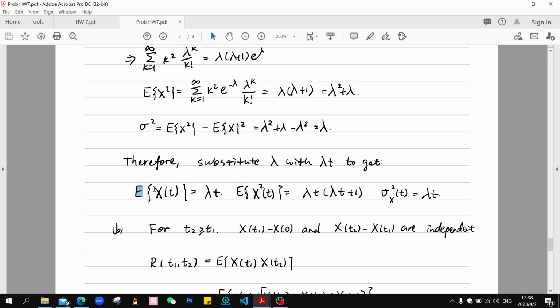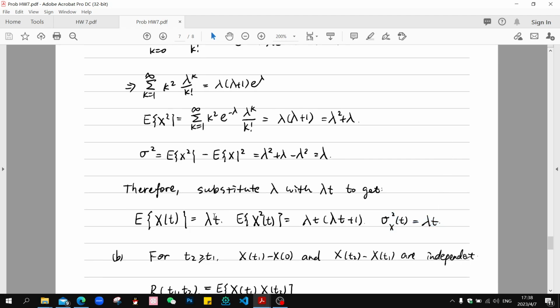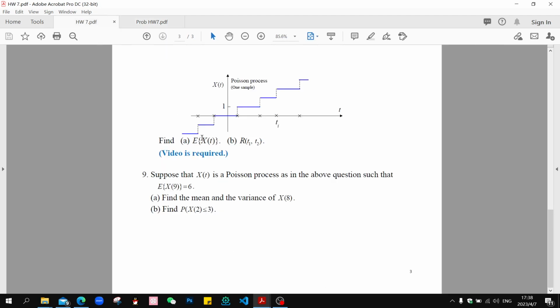That is, the expectation of x(t) is lambda times t, and the variance of x(t) is also a function of t, is also lambda t.